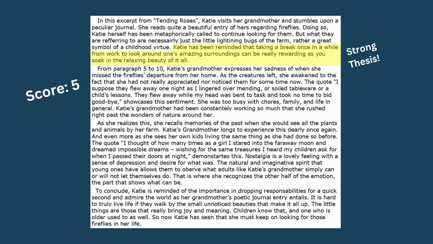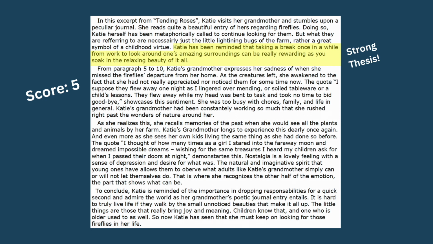Katie has been reminded that taking a break once in a while from work to look around one's amazing surroundings can be really rewarding as you soak in the relaxing beauty of it all. So this student believes that the author's language in paragraph 8 helps the reader understand that Katie is being reminded by her grandmother's writing that she should take a break every now and then and enjoy life around her.